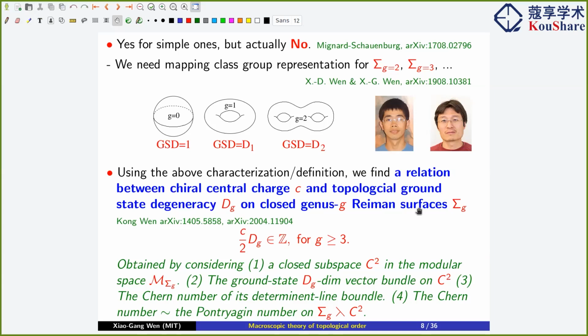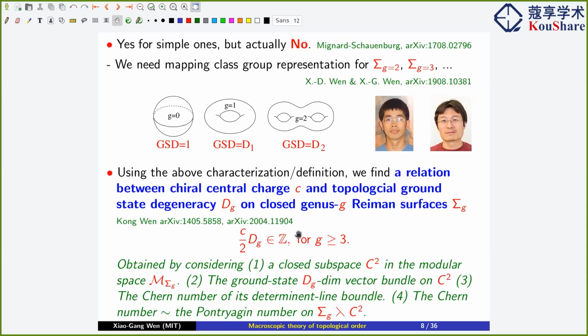Somehow this Berry phase in the coupling constant space and the ground degeneracy have a constraint, and so this quantity, this product, has to be an integer. Okay. So I find this an interesting thing. It's very different physics somehow connected. But this is really based on this picture.